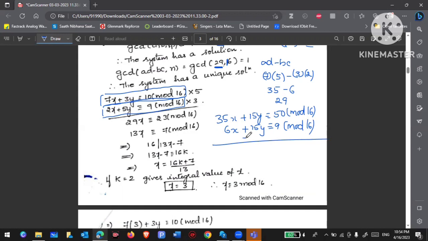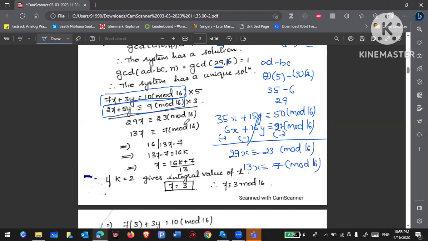Subtract them. How much will we get? The y terms will go away. I'll get 29x congruent to 50 minus 27, which is 23, mod 16. Now this can also be reduced: 29 minus 16 is 13x congruent to 23 minus 16, which is 7, mod 16.